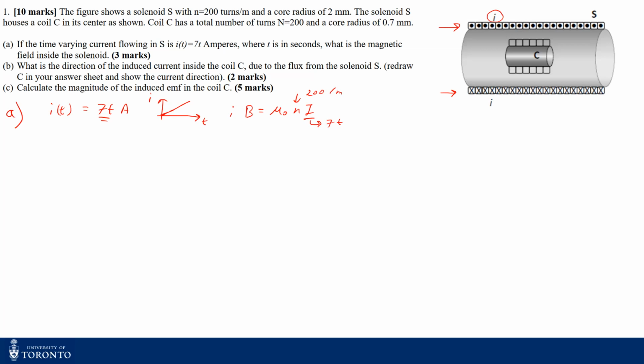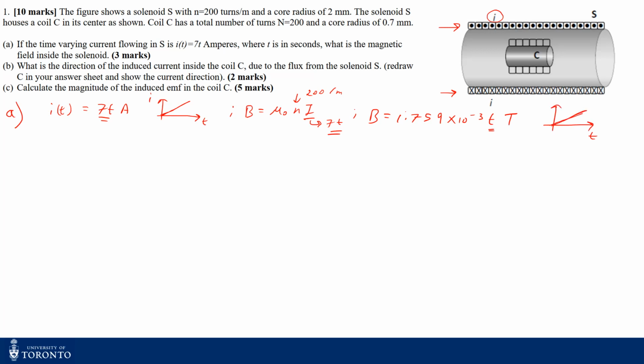So if you just plug in the values, you'll find that your B inside the solenoid is basically 1.759 millitesla, and it's a function of t, because your current is a function of t. Remember, since current is increasing linearly, your B should also increase linearly in this case.